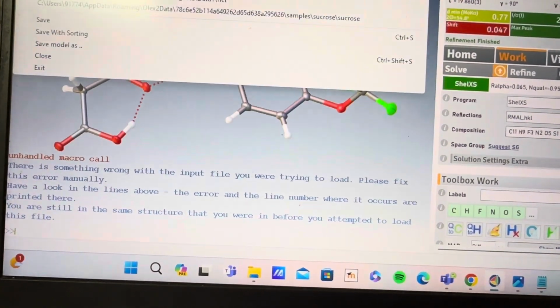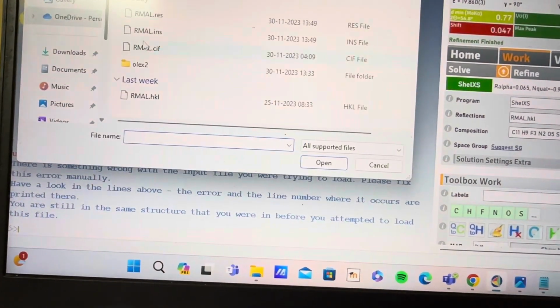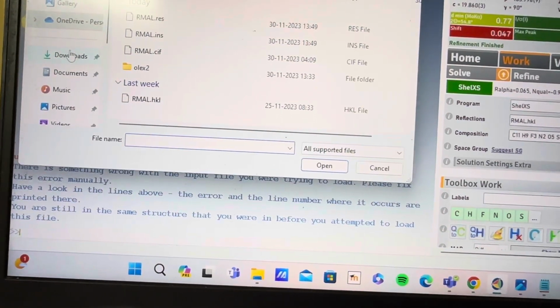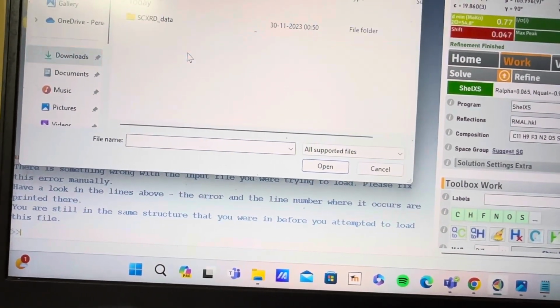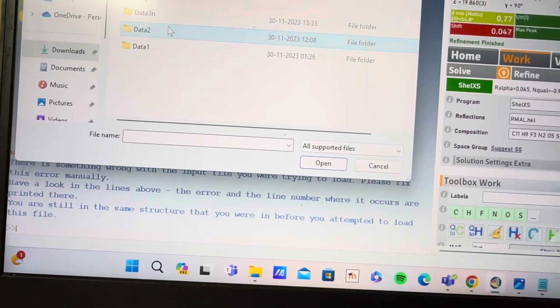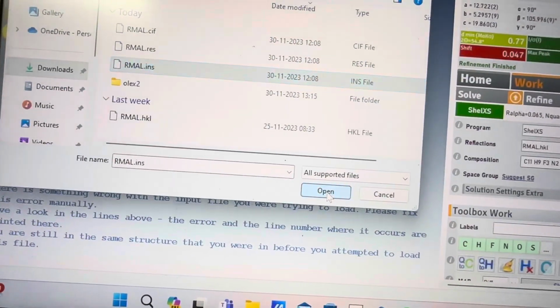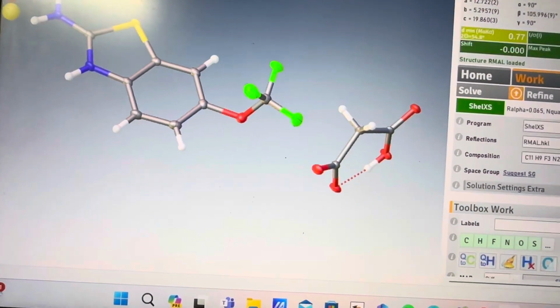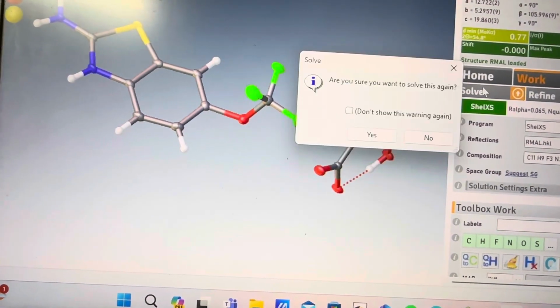Now I'll open the data2 instruction file here, and then I'll click on solve.